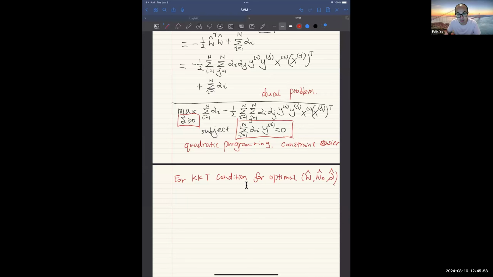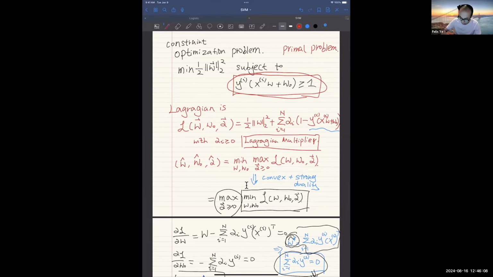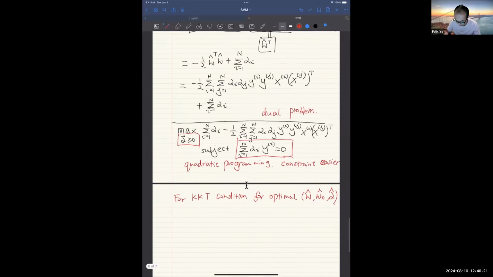So that implies this additional term that adds on right here will become 0. So what does that mean?